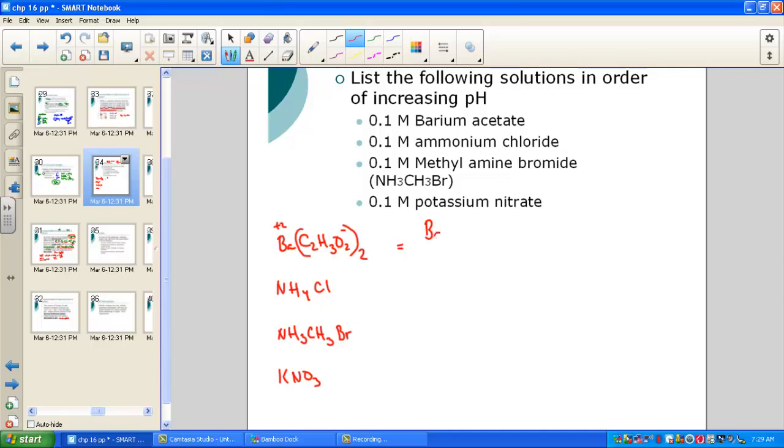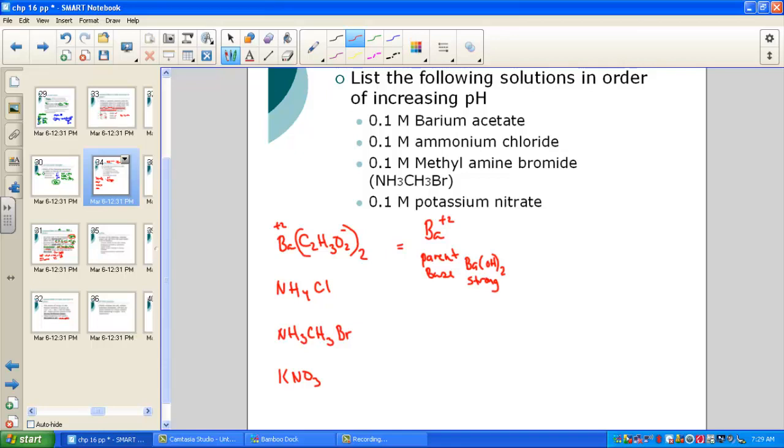The positive ion in the first example is barium, Ba+2. It has a parent base, barium hydroxide. Is this a strong base? Is it a strong electrolyte?